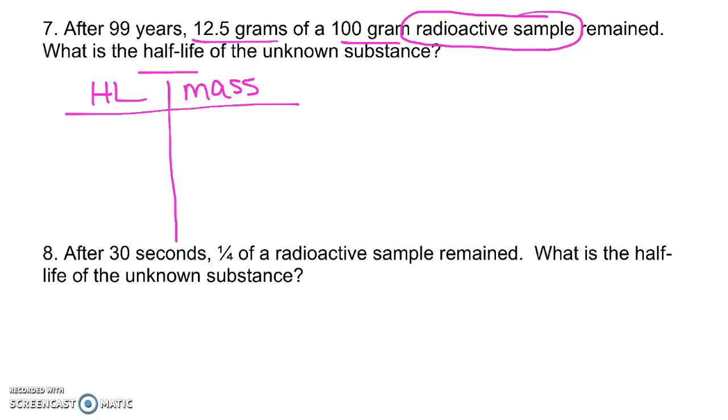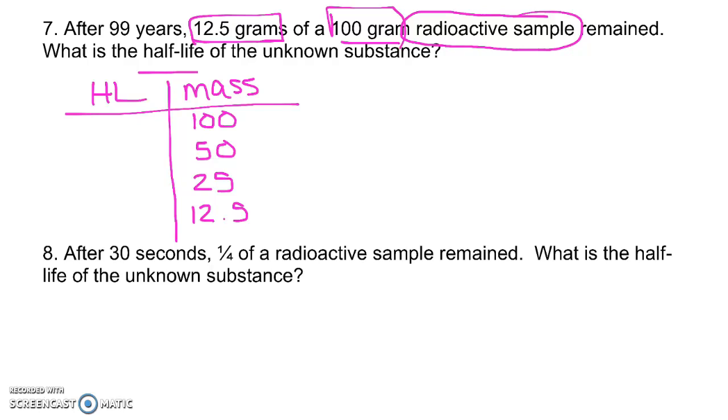Okay, so I know that I'm starting with 100 grams of a sample, and I know that I ended at 12.5 grams. So basically you want to just cut this in half until you get down to 12.5 grams.